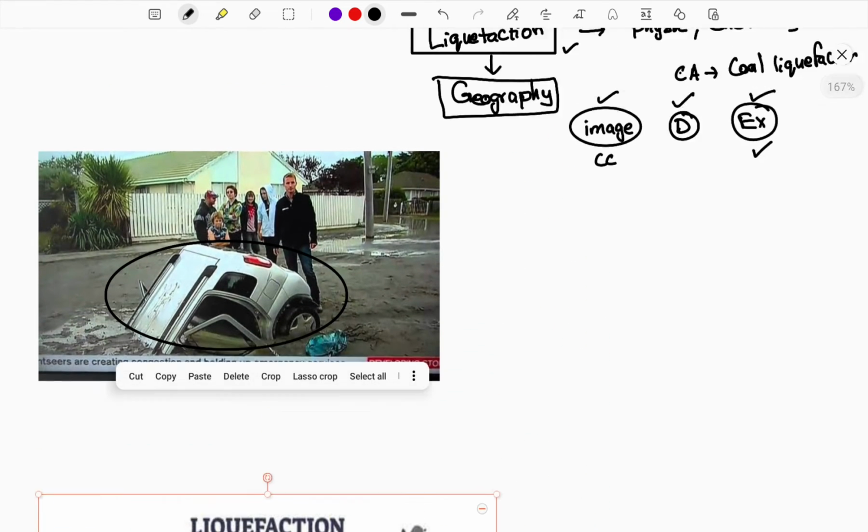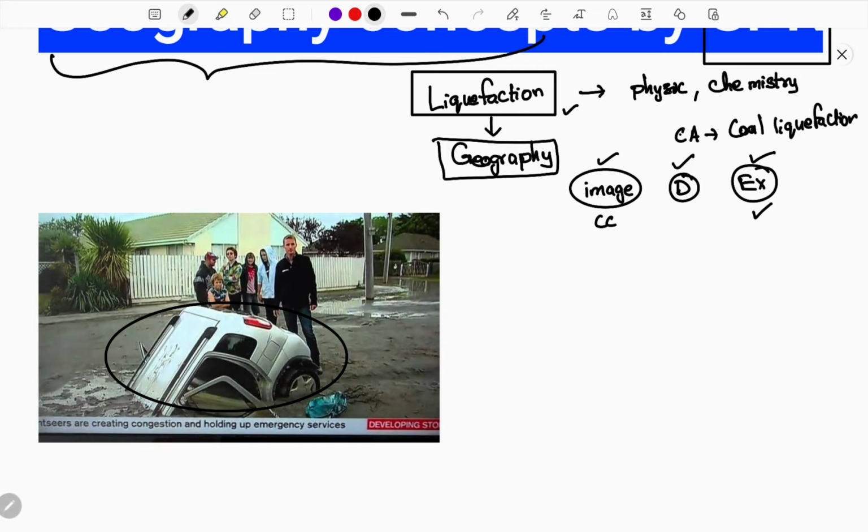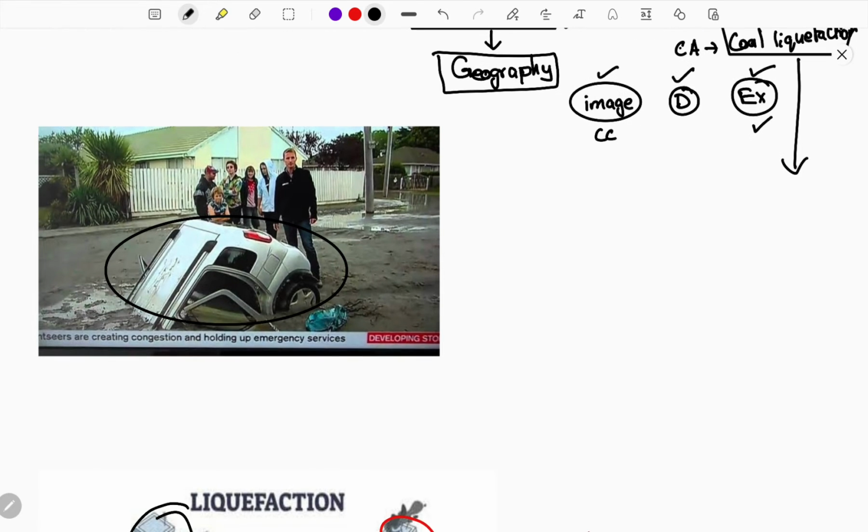I need to provide a differentiation with coal liquefaction. Coal liquefaction is a modern concept present in the extraction of coal. So this is different from soil liquefaction. Guys, look over here clearly. For extracting coal, it will be hard as it is in a solid stage. To carry heavy industries, heavy materials, everything is needed.